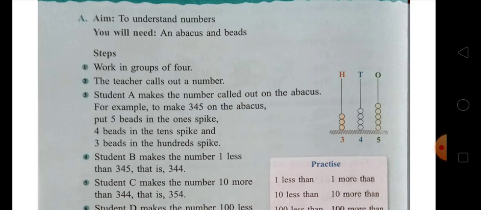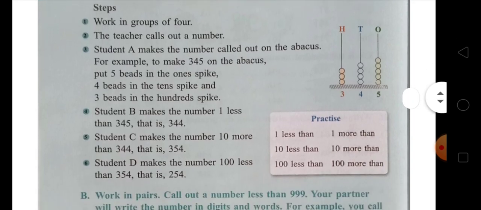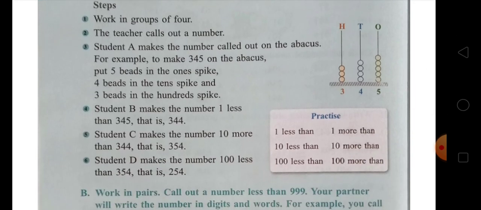And now student C makes the number 10 more than 344. 10 more than 344 is 354.